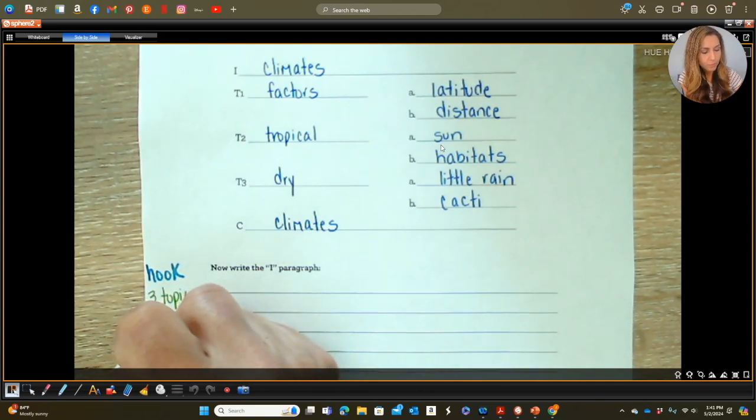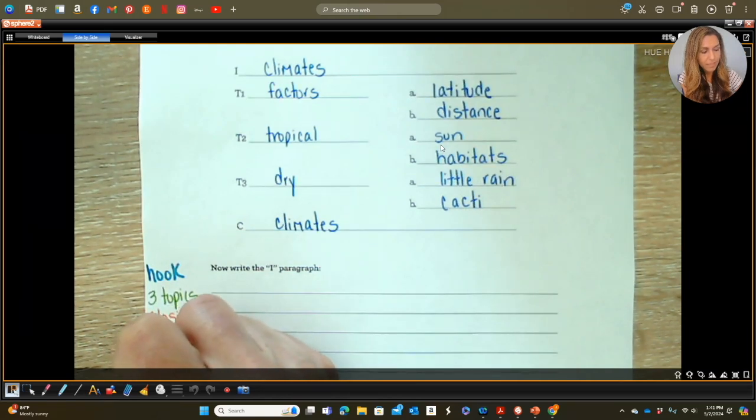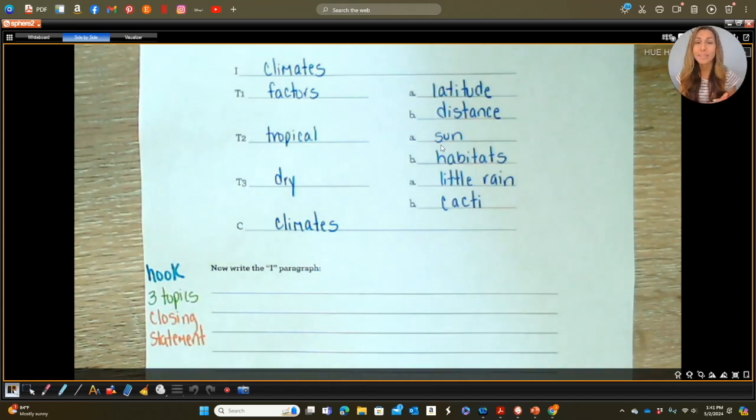Now we are going to do this together. I will guide you through each step of writing an introduction paragraph. I made a little key on the side so that you know what my colors represent. Remember, you're writing in pencil or typing, and then you will be using colors to color code your activity after we have finished. So let's begin by coming up with a hook.